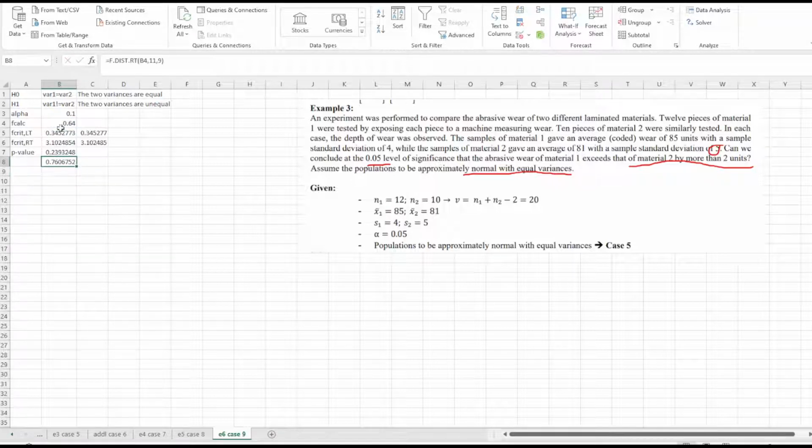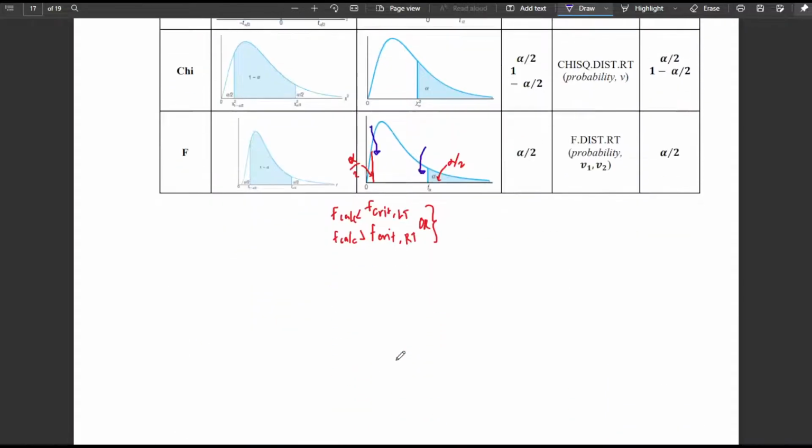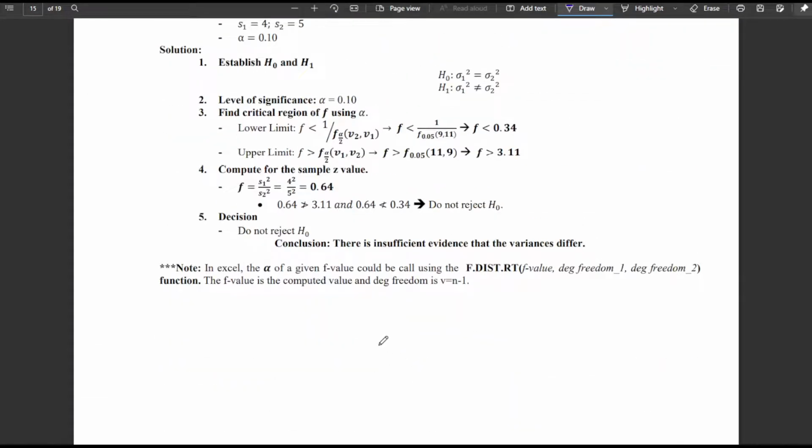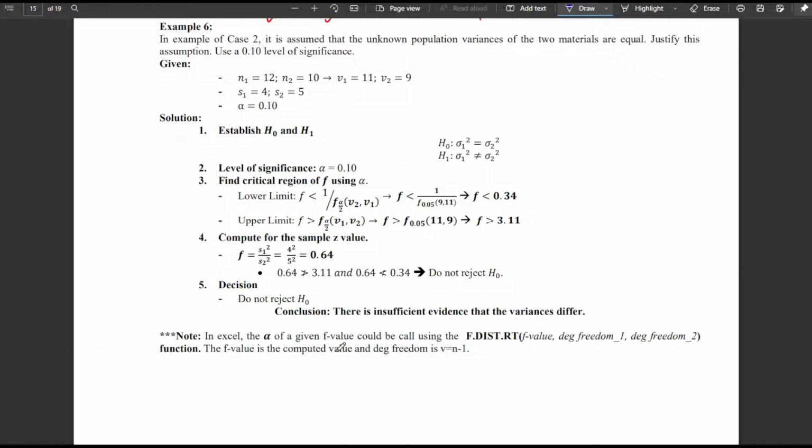It's 0.76 kasi parang measured siya from the left kasi, from the right eh. Should I double this? That is the question, no? I think I should multiply this by 2. Wait lang, class, ha? Let me double check the module.